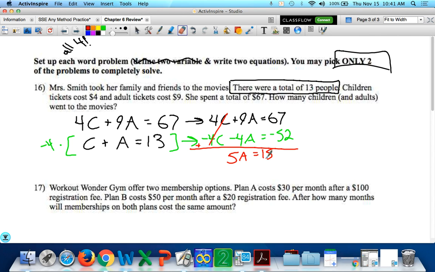Now, when I divide by 5 on both sides, I get A equals 3. And you can really just go ahead and shortcut this and be done with the problem if you're clever and you're thinking about this in terms of the real world. Well, A equals 3. That means 3 adults went. And there were a total of only 13 people, which tells me 10 children went.